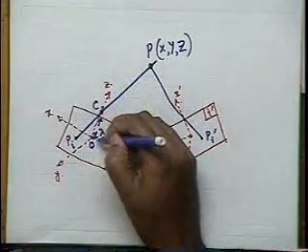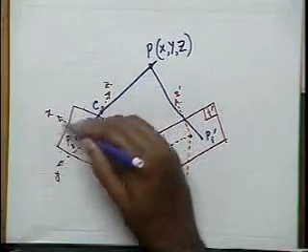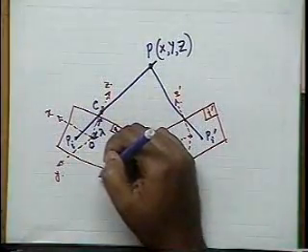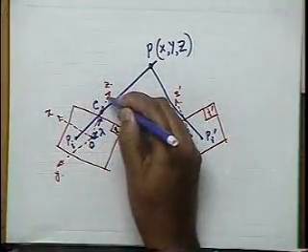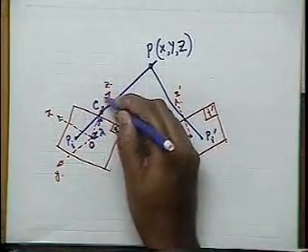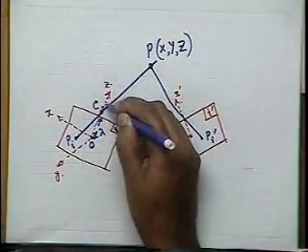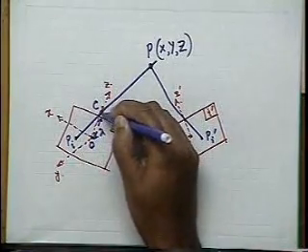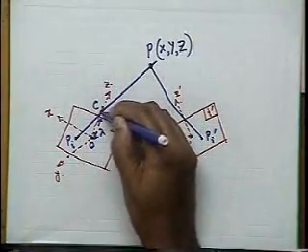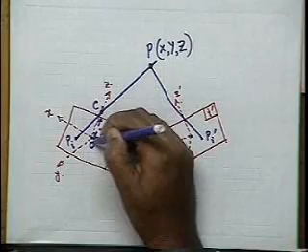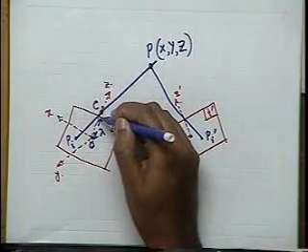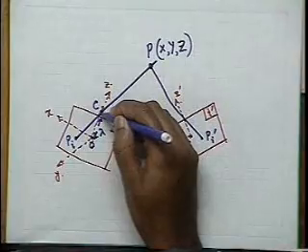Let me repeat whatever I said. I have considered a photographic plate for the first camera, where the coordinate system is X, Y and Z, and I have considered the axis of the camera to be along the Z axis, and a point C on the Z axis, such that the distance OC gives me the focal length, or rather C is considered as the focal point for the first camera.